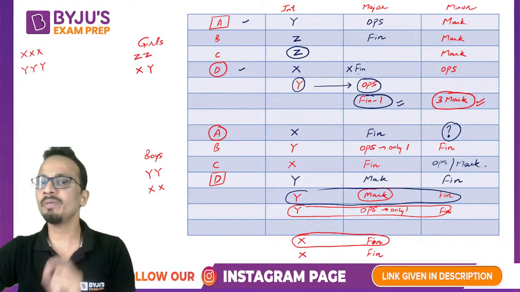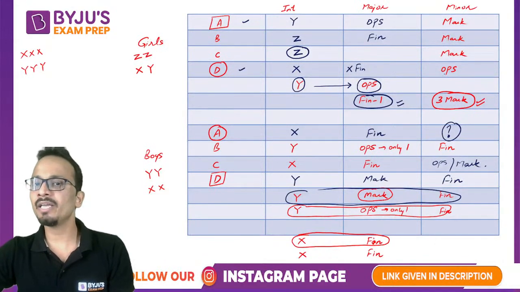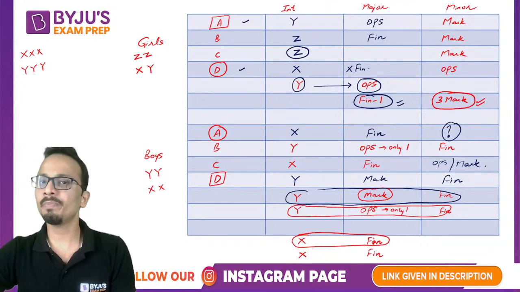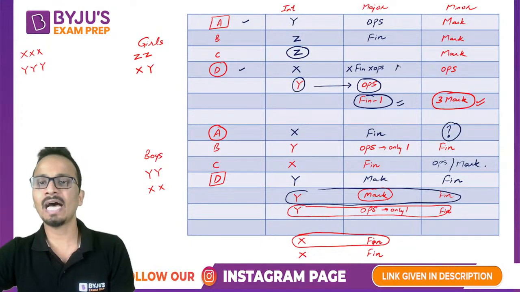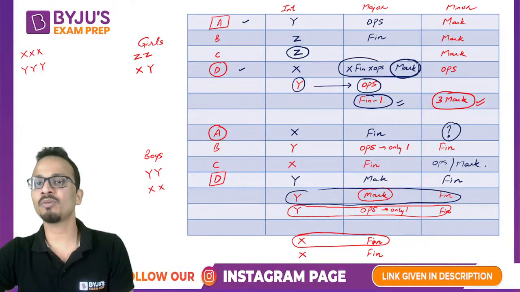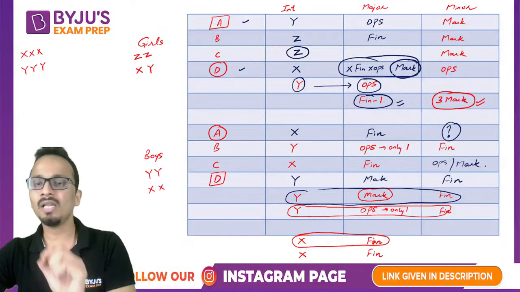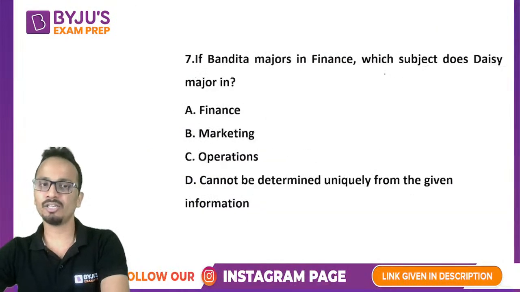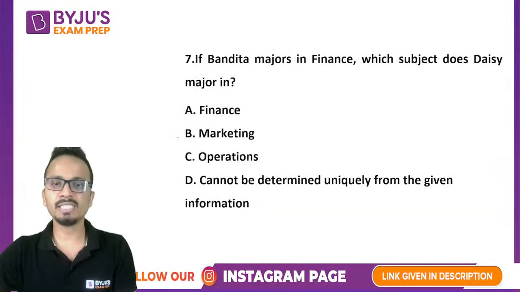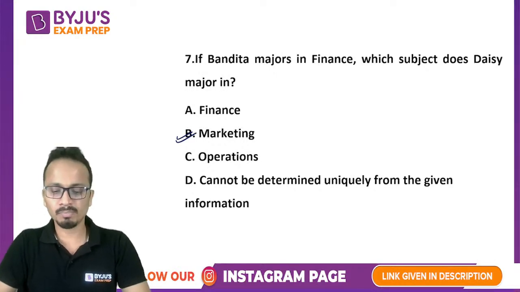Also, Daisy minors in ops. So Daisy cannot major in ops. So ops bhi nahi aa sakta. So it has to be marketing. All right. So this is the extra piece of information from the question that we can find out. Daisy will major in marketing. So question number 7, Daisy will major in marketing, and that is option B.